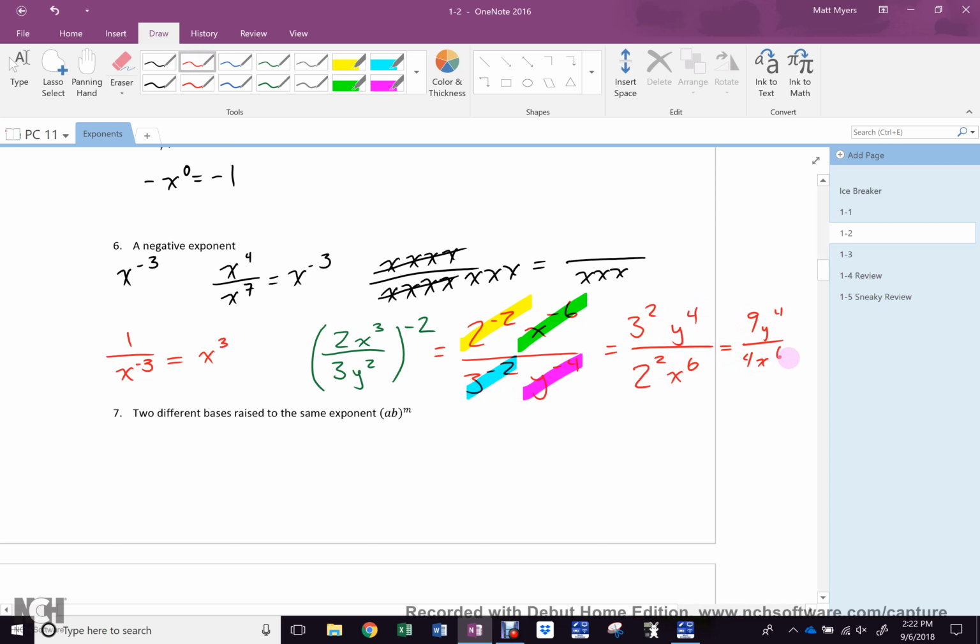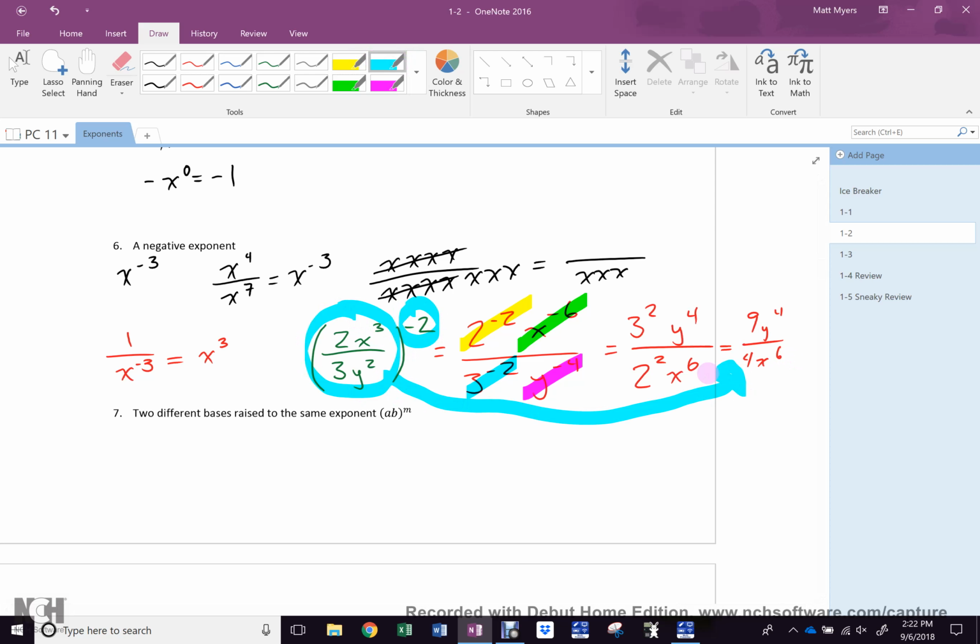Now please notice there's a shortcut. What did that negative exponent do to this whole base at the end? It reciprocates. It flips the whole base. And then you can change this to a positive 2, like we did over here.